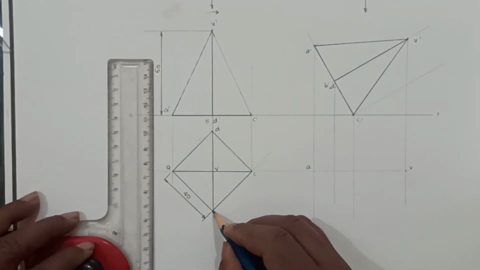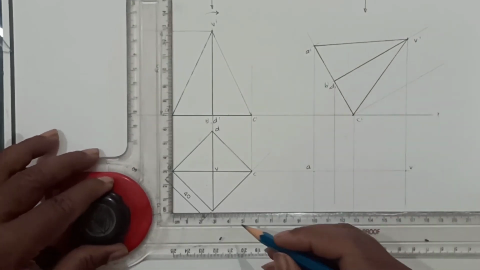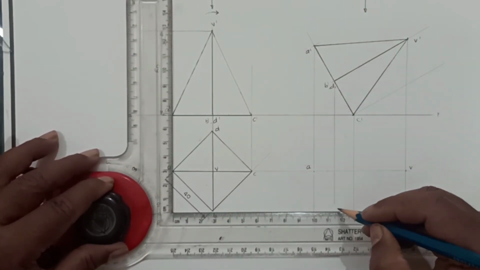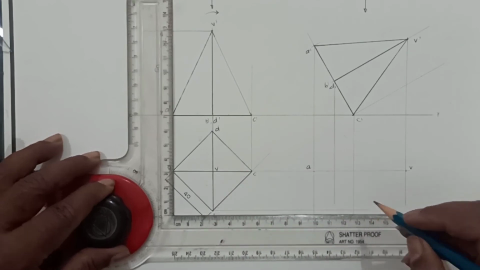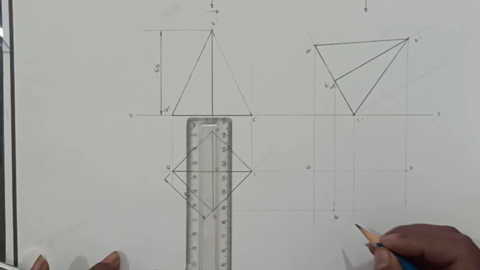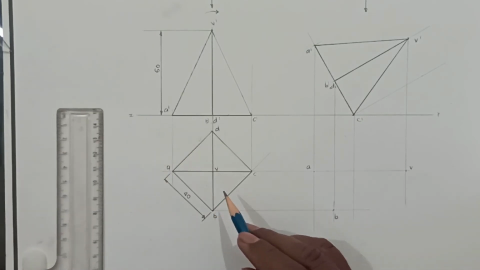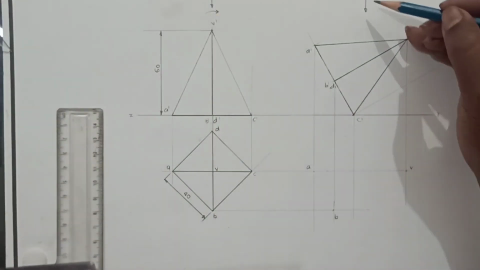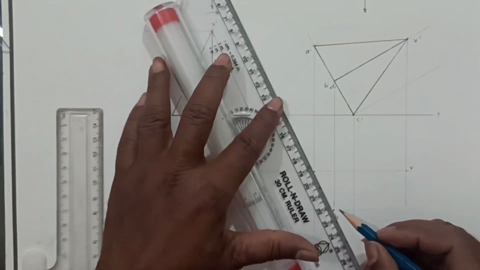Now consider the point B is here. So through this B vertical line and horizontal line gives the corresponding point. The intersection of these 2 gives us B. So ABV is clearly visible when we are looking from this direction for the top view.